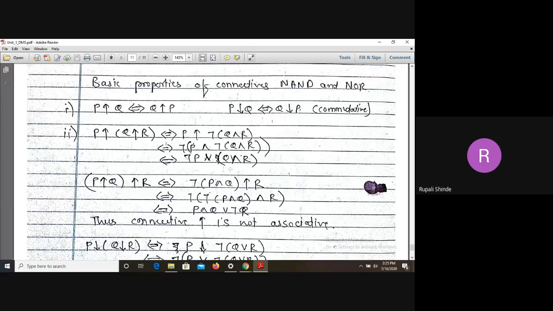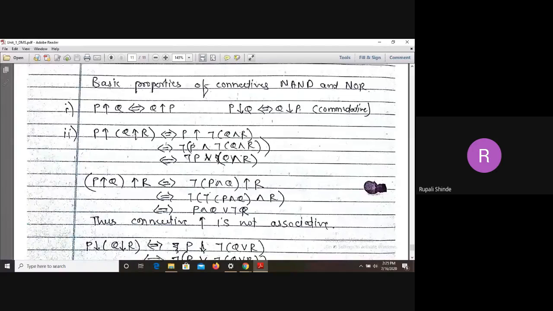Okay. So, likewise, here three variables are given and the operation is in the bracket between Q and R. So this is the one formula. Now, in order to say whether this is satisfying the associative property or not, we have to change the bracket.